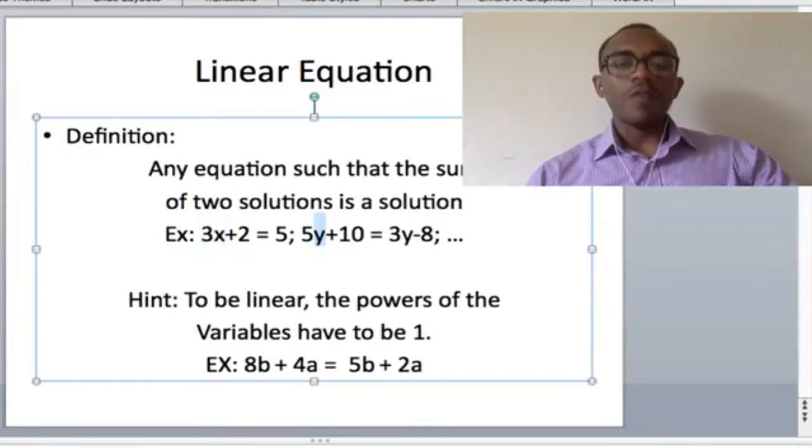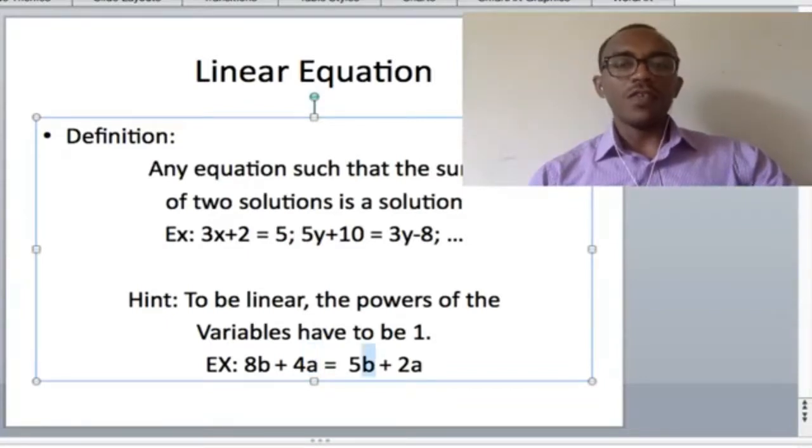Also we have the variable y. On the second one, we have multiple variables, b and a, but each of their powers is only 1.